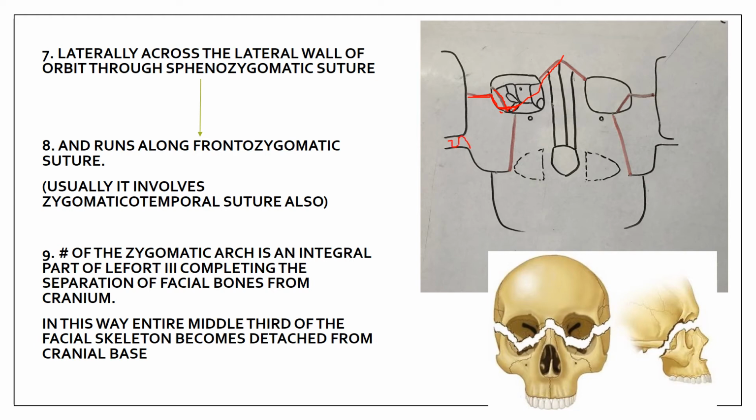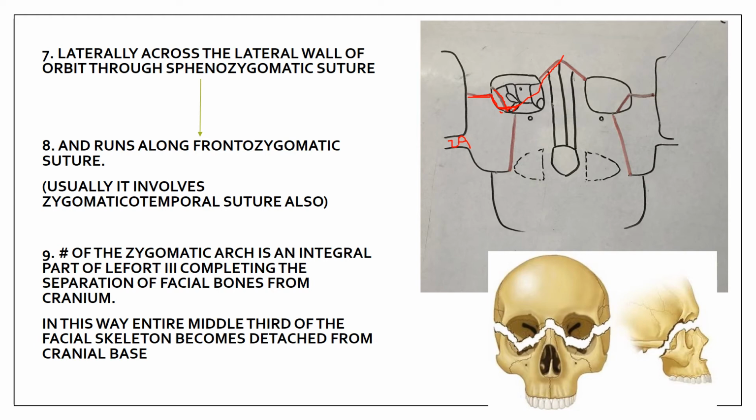In Lefort 3, this fracture line also fractures the zygomatic arch, and this is the integral part of Lefort 3, and it completes the separation of the facial bones from the cranium. Now over here you can see it is separating the facial bones from the cranium. In this way, the entire middle third of the facial skeleton becomes detached from the cranial base.